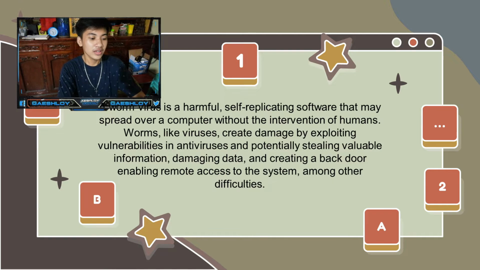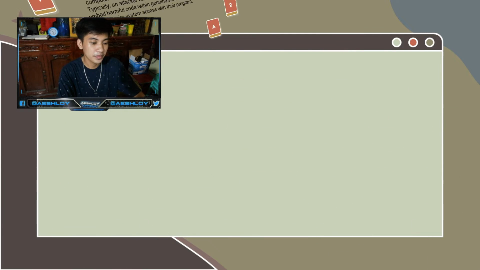So the worm virus. A worm virus is a harmful, self-replicating software that may spread over a computer without the intervention of humans. Worms, like viruses, create damage by exploiting vulnerabilities in antiviruses and potentially stealing valuable information, damaging data, and creating a backdoor enabling remote access to the system, among other difficulties.